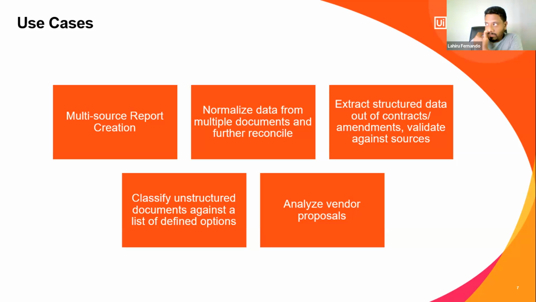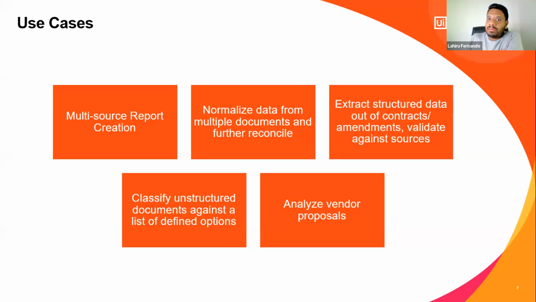And then processing all kinds of complicated documents, not just structured data but also a lot of unstructured information, because that's the most complicated part of document processing. That's where generative AI can really help to classify that unstructured info and then extract the details out of these documents. And then the last thing that you see here is vendor proposals.